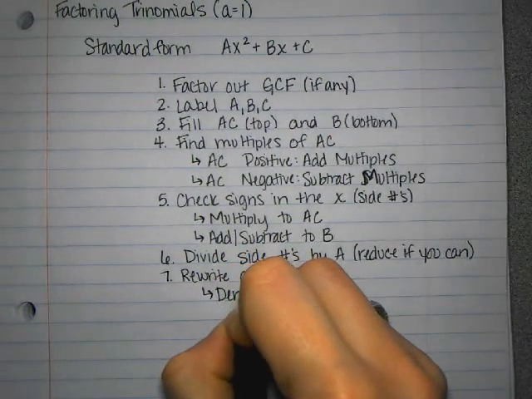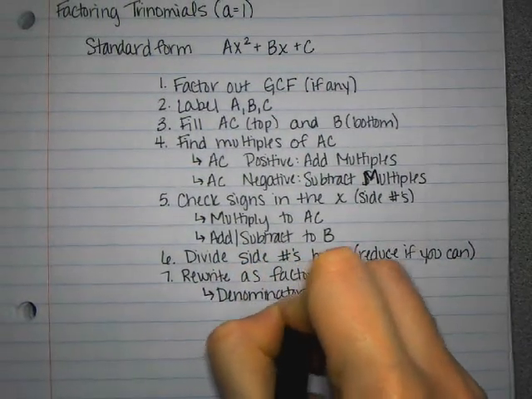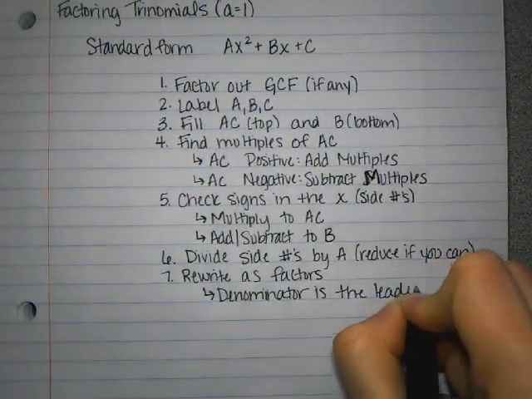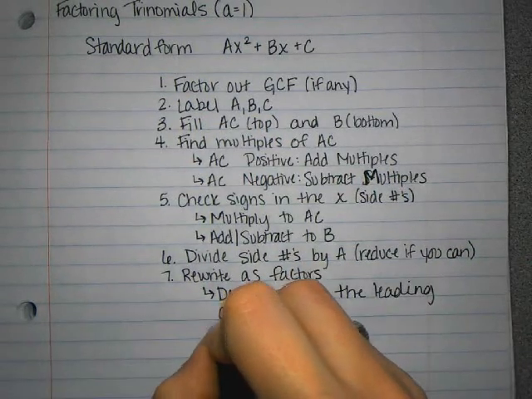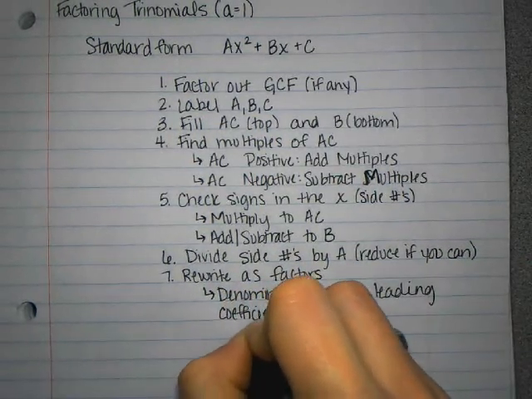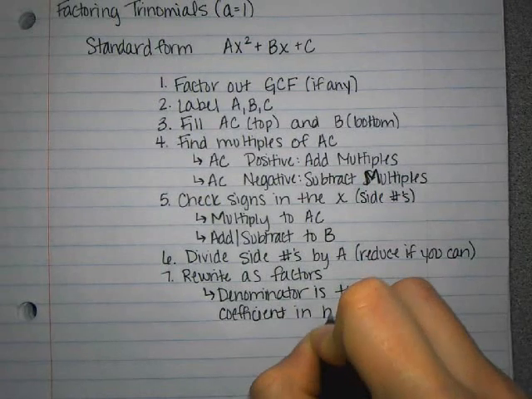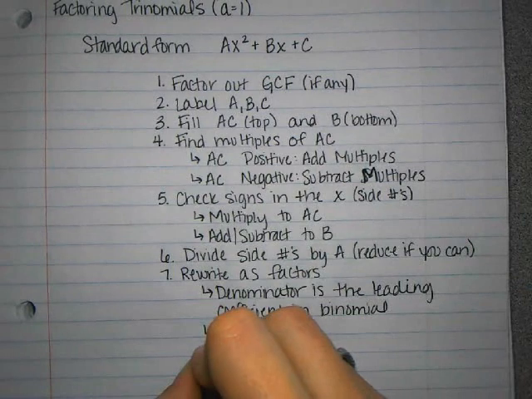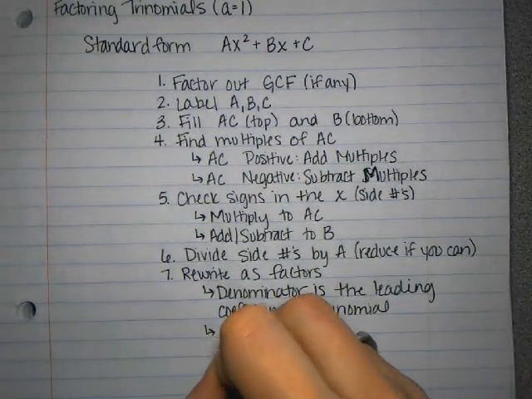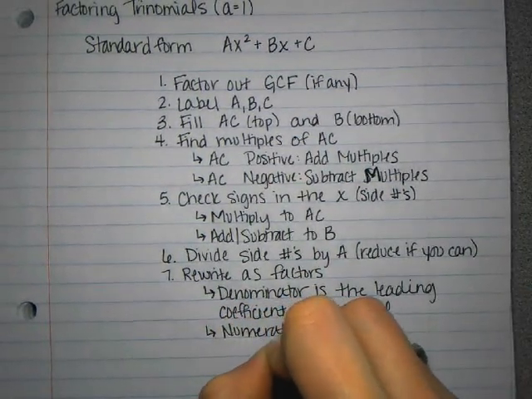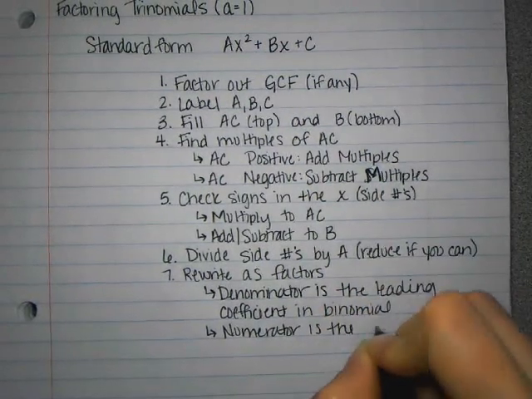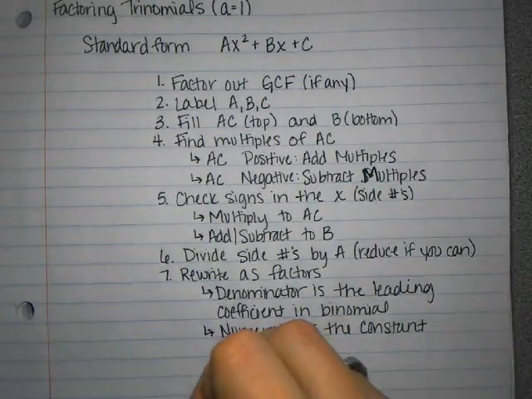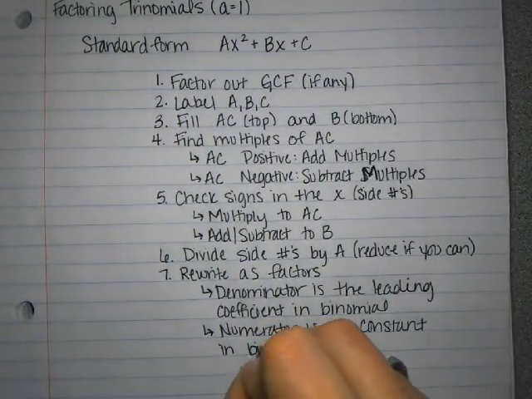The denominator is the leading coefficient in the binomial, and the numerator is the constant in the binomial.